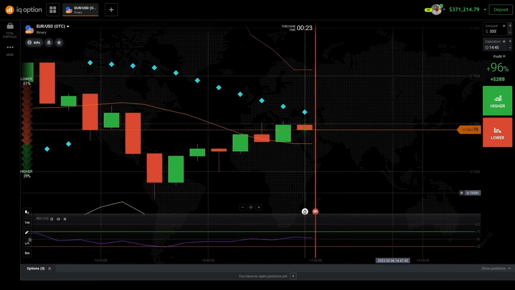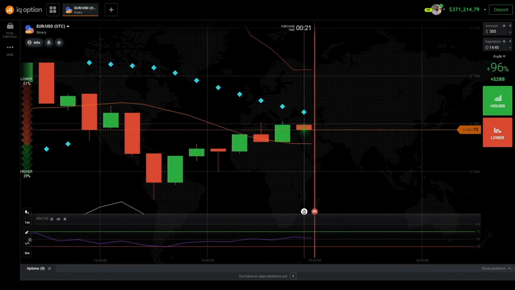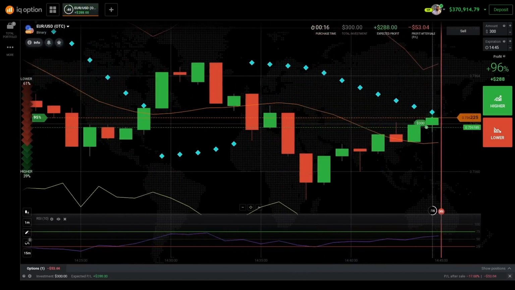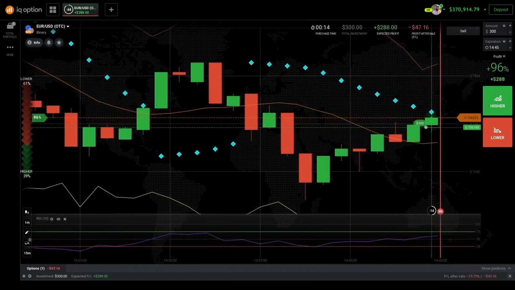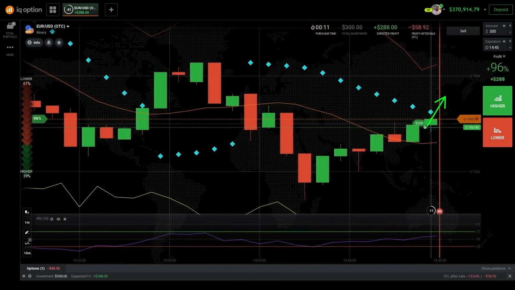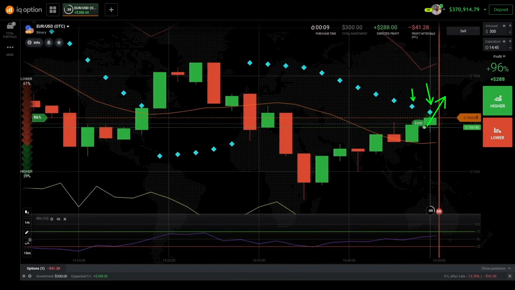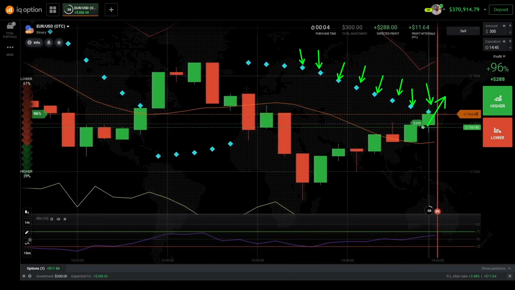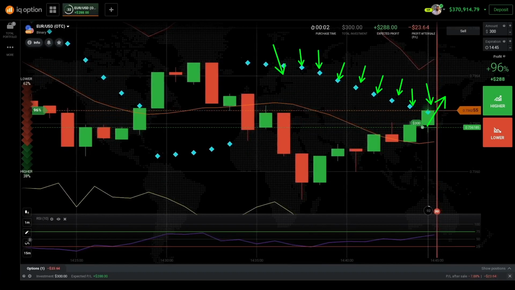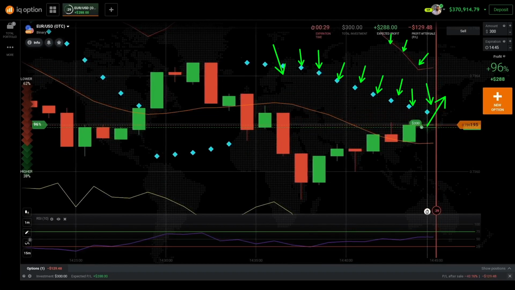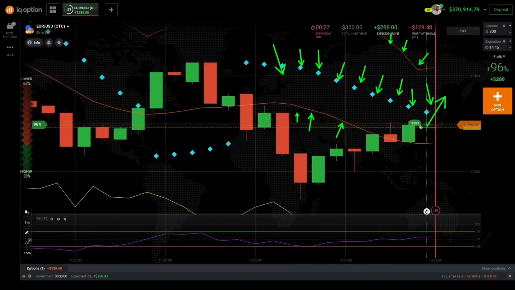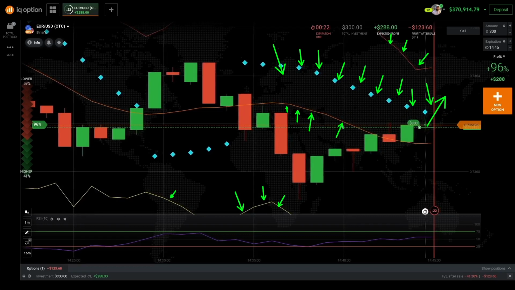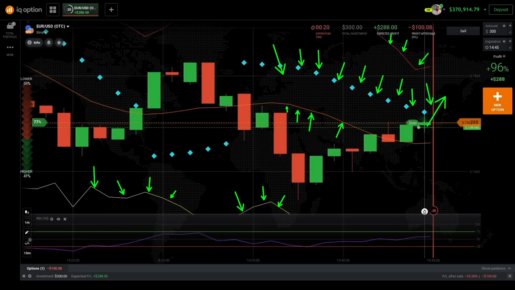All right. Again. Same thing. How do I predict the directions of the market? Simply, I use, as you can see, these dots here called parabolic SAR. These three lines are called Bollinger Bands.